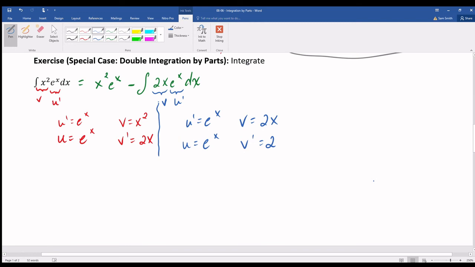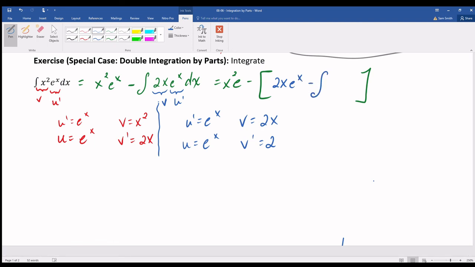So now, if I use integration by parts to rewrite that integral in the back, instead of the integral of 2x e to the x, it will become the quantity, the new u times the new v, minus the integral of, scooch the derivative from u to v, v prime times u.